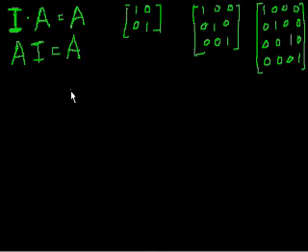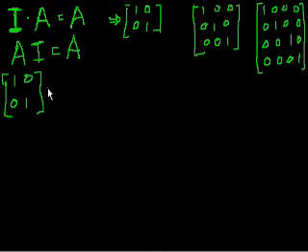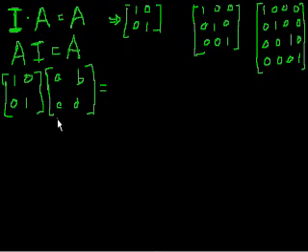I've told you that. Let's prove that it actually works. Let's take this matrix and multiply it times another matrix and confirm that that matrix doesn't change. So if we take 1, 0, 0, 1, and multiply it times a general matrix, A, B, C, D, just so you see that this works for all numbers. What does that equal?